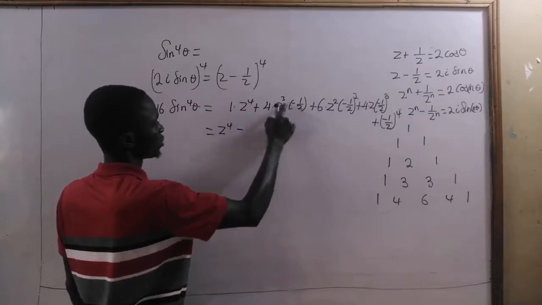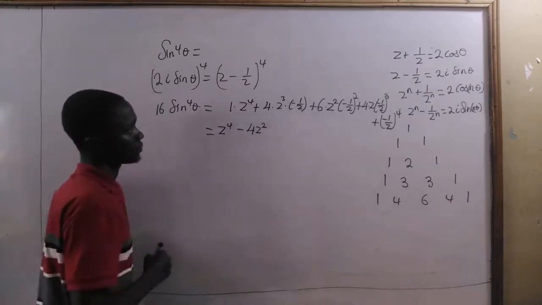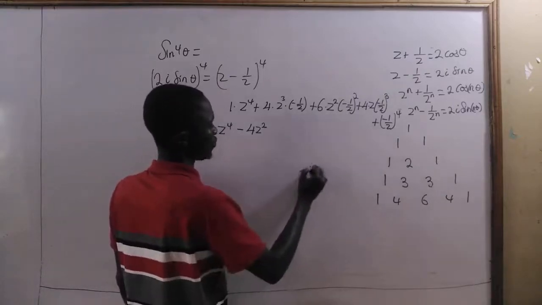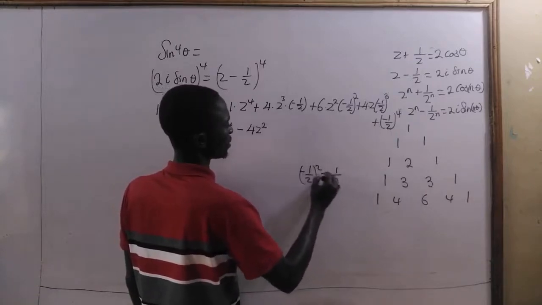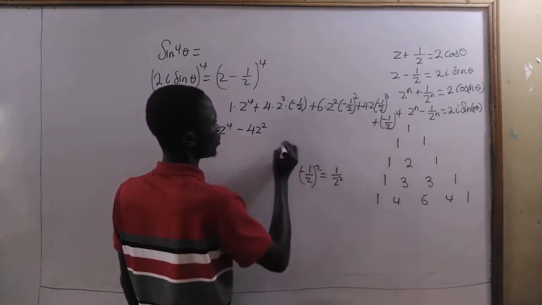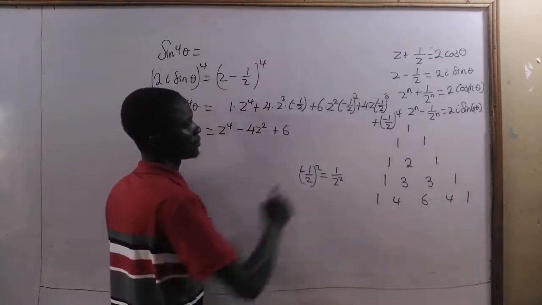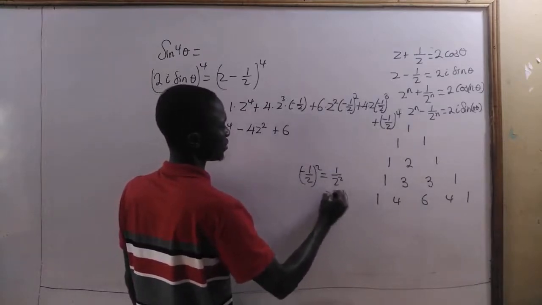This will go here, z squared, so we have minus 4z squared. Then here, negative 1 out of z squared will give us positive 1 out of z squared. So here, the square will cancel, so we are going to have positive 6. And here we have negative 1 out of z cube.